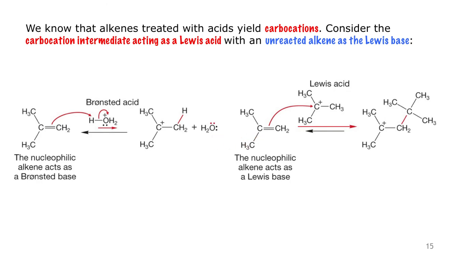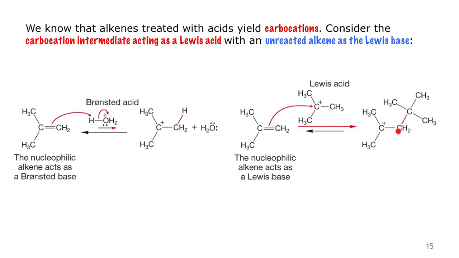So we keep our water concentration to a minimum. Once the carbocation forms, alkene can act as nucleophile and our carbocation acts as Lewis acid. And that would result in the formation of the dimeric carbocation.